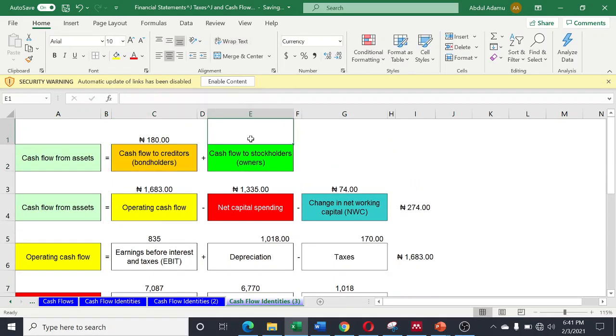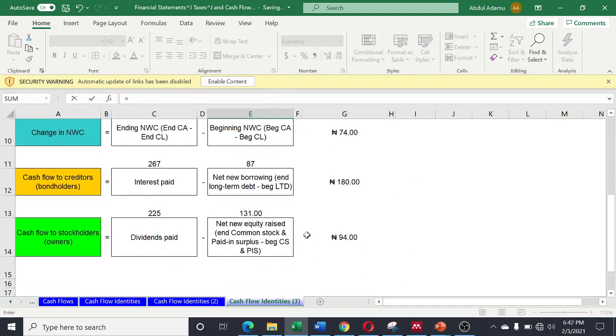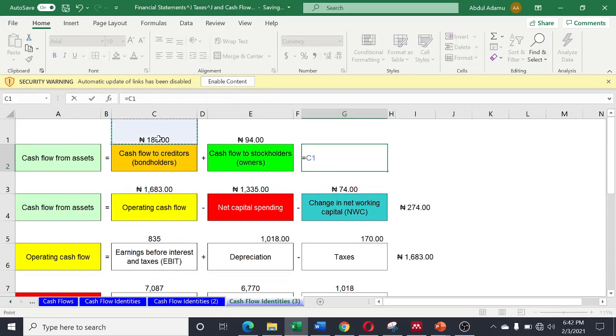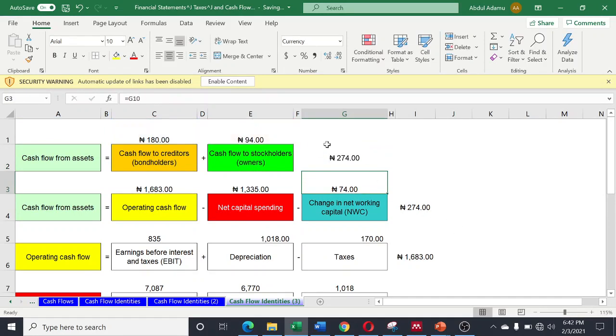Cash flow to stockholder, we have computed it, 94. So if we sum that, we should be able to get 274. This plus this. So 274. So we can see clearly that this is how we compute cash flow.